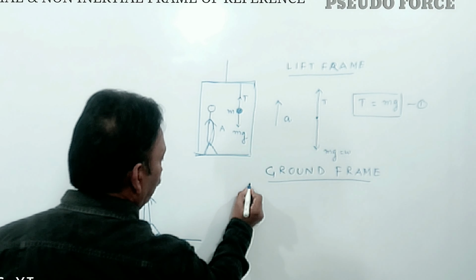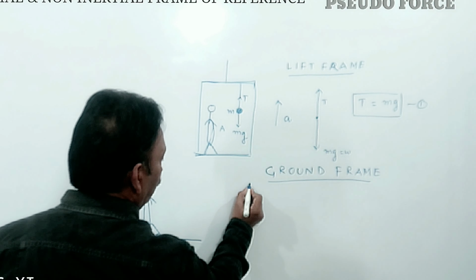See, this is moving up. Okay, students, now we are adding one more force which has a magnitude of ma. That too is the pseudo force. Then we yield the same result: T is equal to mg plus ma, that is m of g plus a. What you found here is equal to this one.